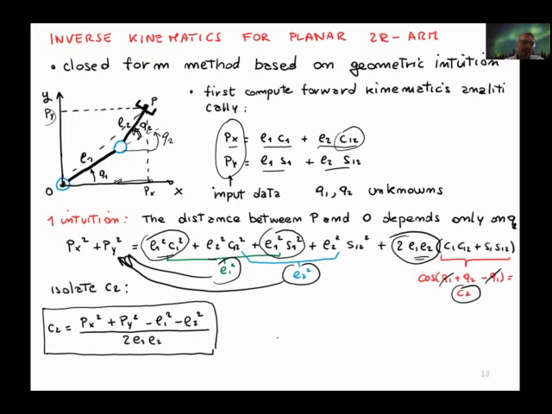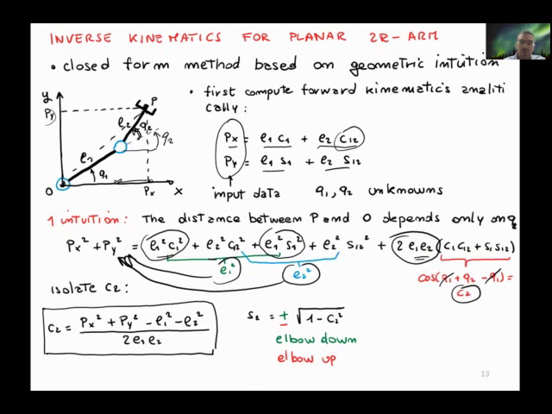Here we resist the temptation to compute the arccosine, and we do the usual trick of using the atan2 function. First we compute the sine by taking the square root of 1 minus cosine squared, and we get two solutions.